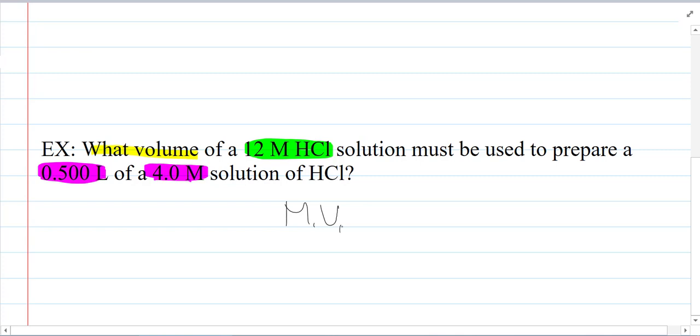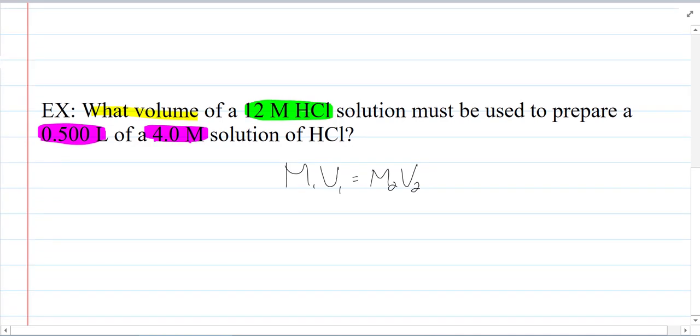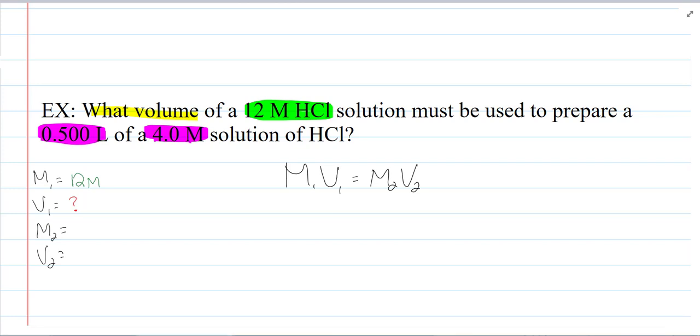M1 V1 equals M2 V2. What volume of a 12 molar solution? So 12 molar would be my M1. V1, I don't know. M2 is 4 molar, and V2 is 0.500 liters.